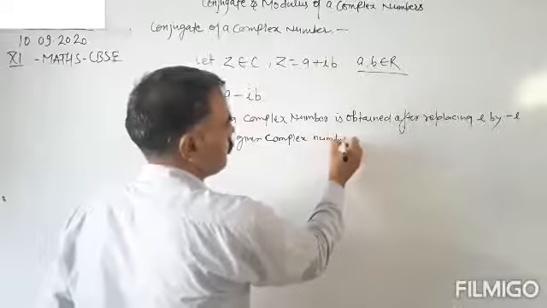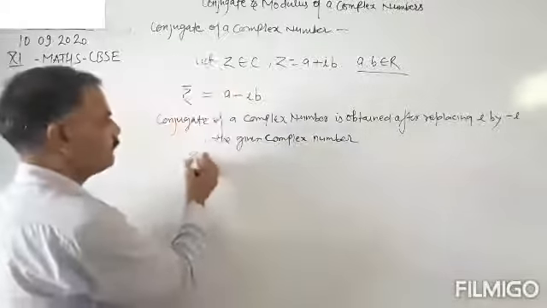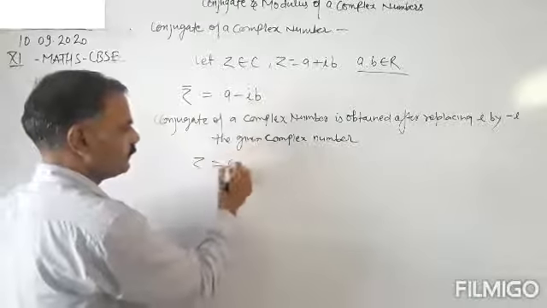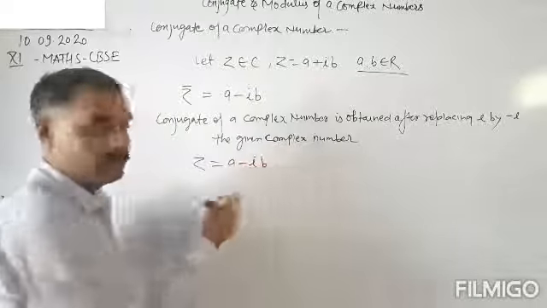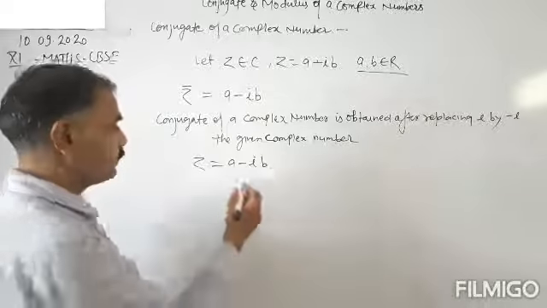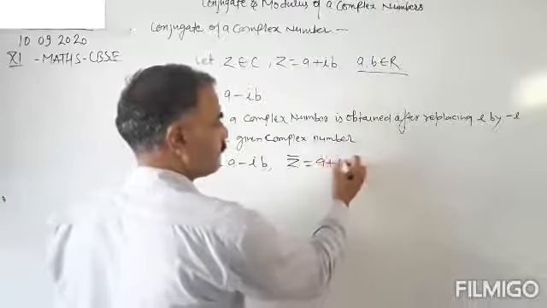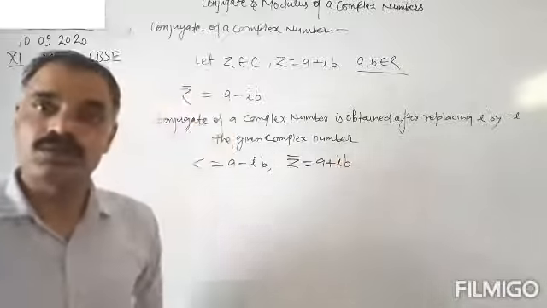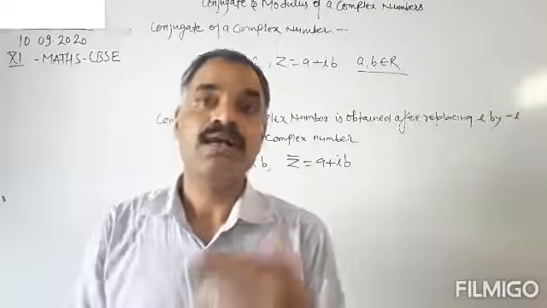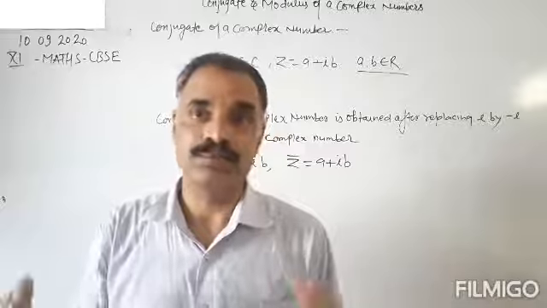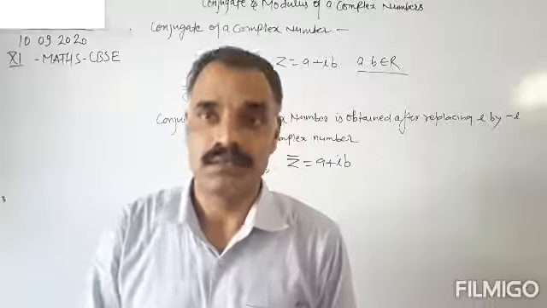Okay, so what is the conjugate of this z? If z is equal to a minus iota b, then its conjugate is z bar, and this is equal to a plus iota b. So replacing minus iota by iota or iota by minus iota, we obtain the conjugate of a complex number.